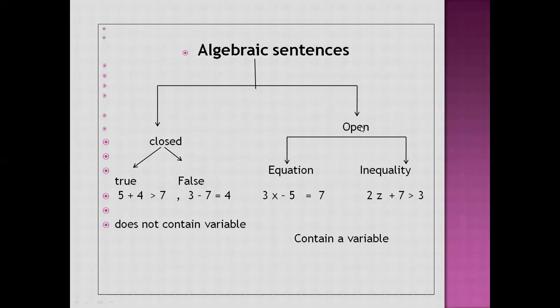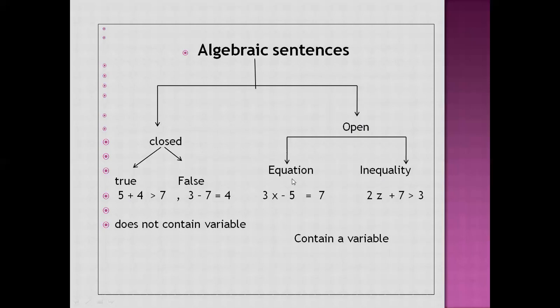Now open sentences contain a variable, and we cannot decide the sentence is true or false, but we can further categorize open sentences in two forms: equation and inequality.